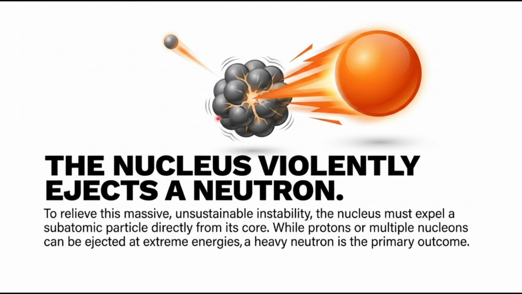It can sometimes even eject multiple nucleons. But in most scenarios, it ejects a heavy neutron. This specific free-flying neutron is exactly what creates a massive safety hazard inside your linear accelerator bunker.